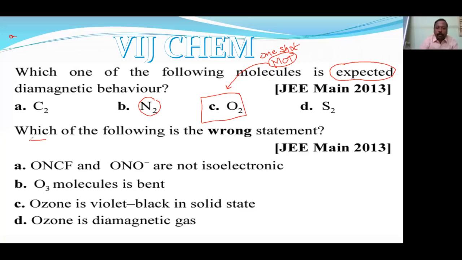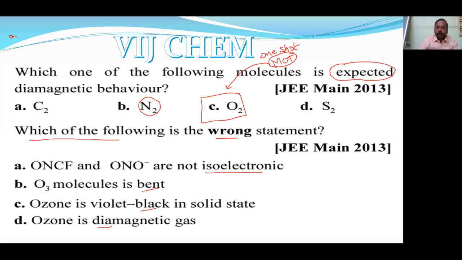Which one of the following is the wrong statement? Okay, which one of the following is the wrong statement? Is it understood? So try and see, so many things are covered here. Isoelectronic, bent, shape, color, magnetic nature, all you should be worried about.